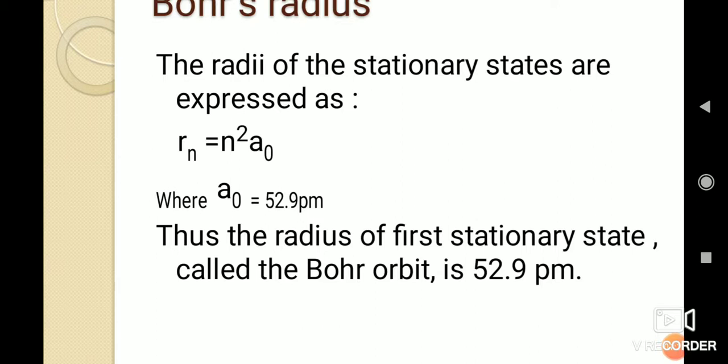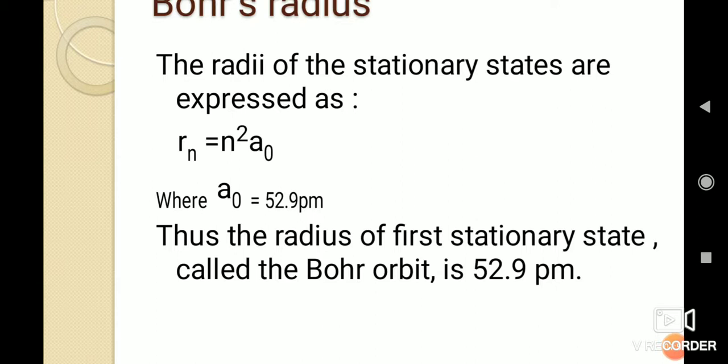Thus the radius of the first stationary state, called the Bohr's orbit, is 52.9 picometer. Why? Because Niels Bohr represented the model for the hydrogen atom, and if we consider the first stationary state, n, the number of orbit, is equal to 1. 1 square is 1, and 1 multiplied by 52.9 gives 52.9 picometer.